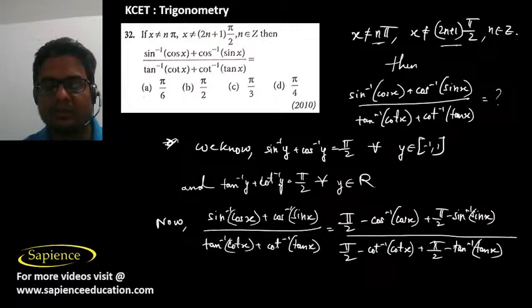Since cot inverse y will be pi by 2 minus tan inverse y, and tan inverse y also can be written as pi by 2 minus cot inverse y.